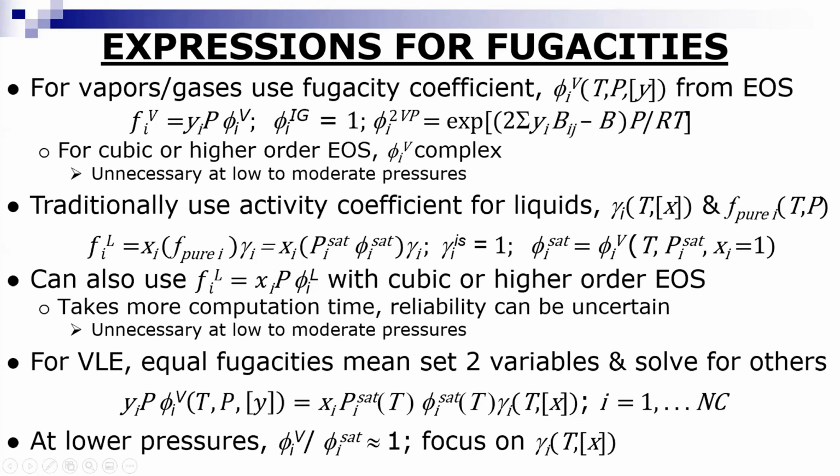At lower pressures, it turns out that the ratio of the fugacity coefficients is about 1. So in this case, you focus on how to get the activity coefficient, because that's going to be the determining factor in what will settle the phase equilibrium.